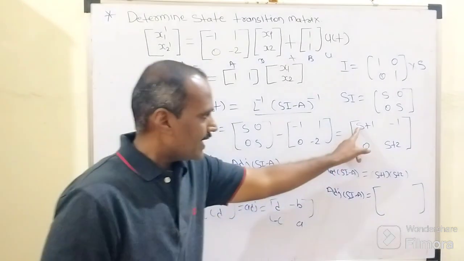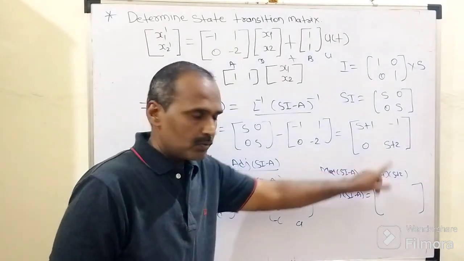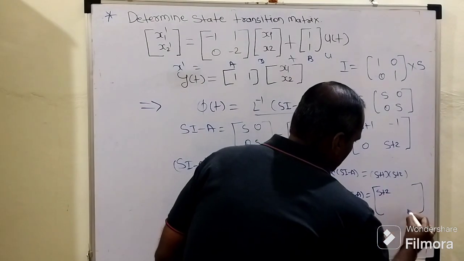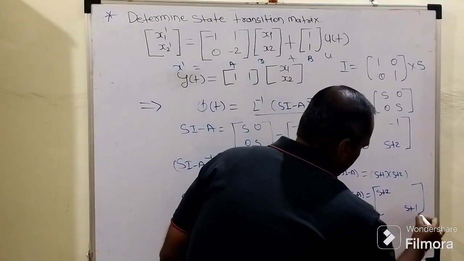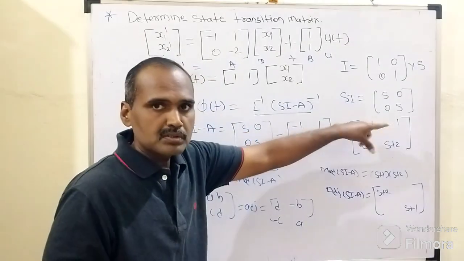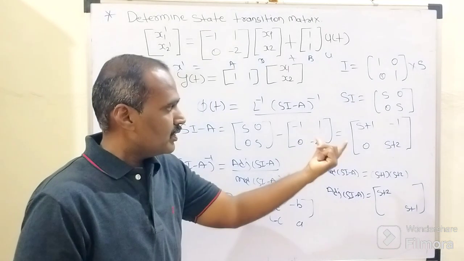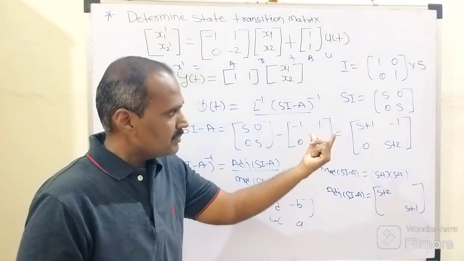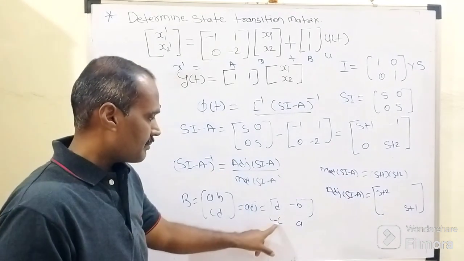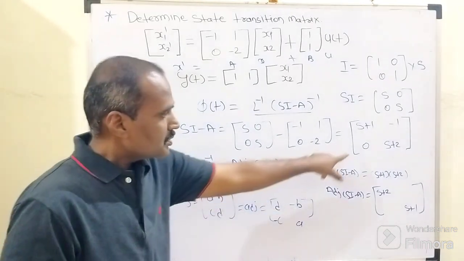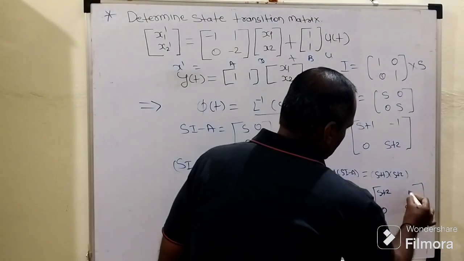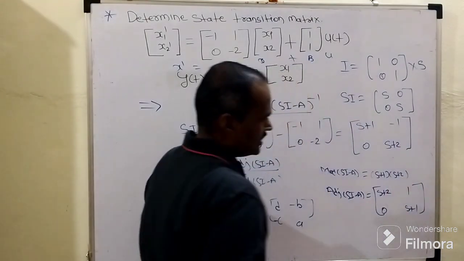First of all, we exchange these two diagonal elements. Instead of S plus 1, the first element becomes S plus 2, and the lower diagonal element becomes S plus 1. For the remaining two elements, we consider them with the opposite sign, minus C and minus B. Here C equals 0, no question about sign change. Here B equals minus 1, so we consider the opposite sign, right?